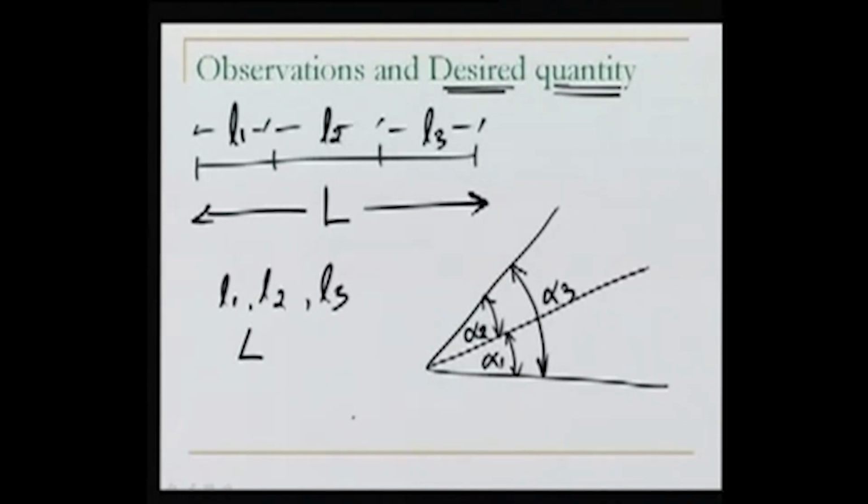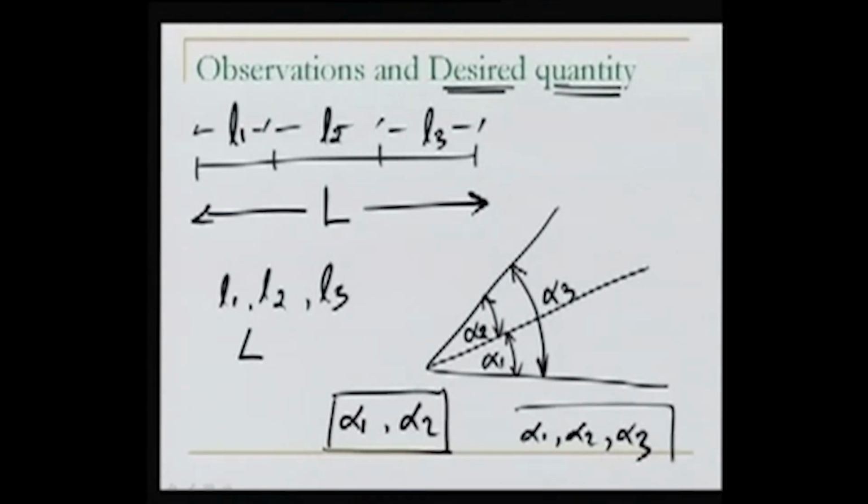So desired are alpha 1 and alpha 2, but in the case of the observations, our observations are alpha 1, alpha 2 and alpha 3, because we can find the values of alpha 1 and alpha 2 which are desired by these three observations. So what we are doing in this case, we are introducing a redundancy in the observations. All right, so right now we should understand the difference in observations and the desired quantity.